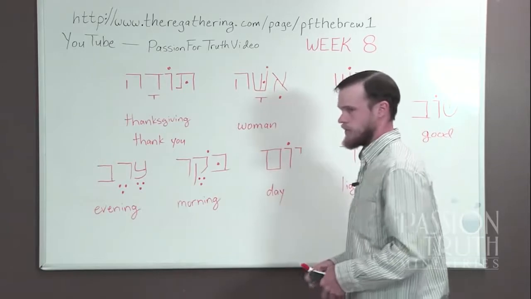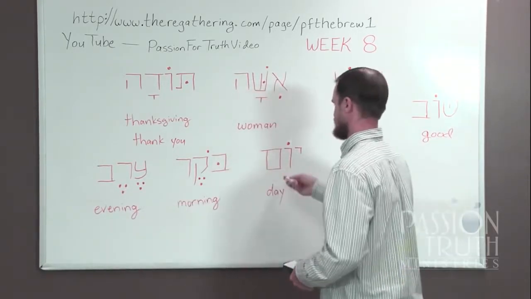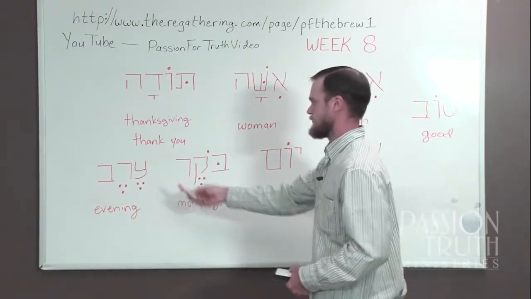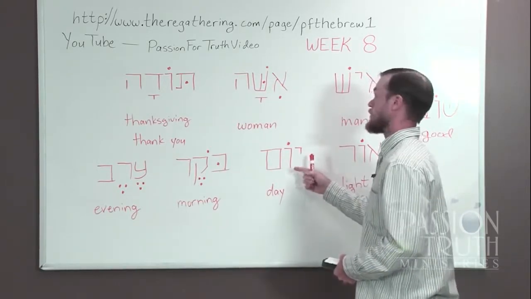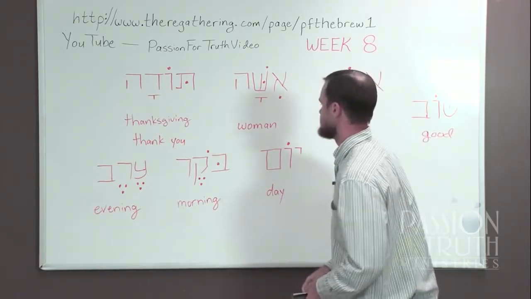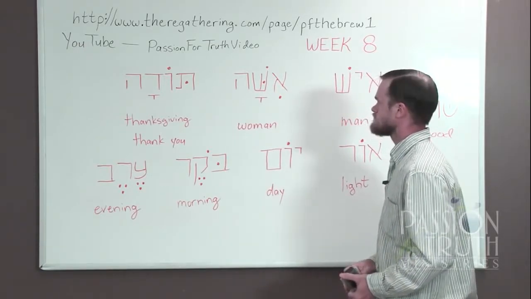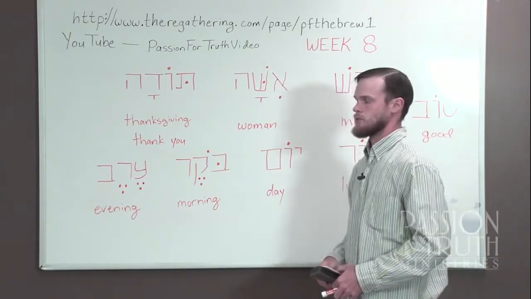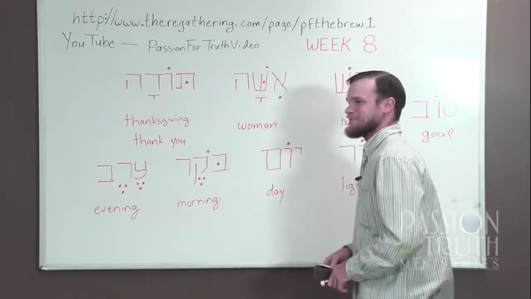So the phrase you'll find in Genesis 1, it was evening and it was morning, first day, second day, third day, etc. That's erev, followed by boker, composing a yom. So are there any questions? Does the order of pronunciation of these things make sense? Is there anything that's not flowing? Okay.